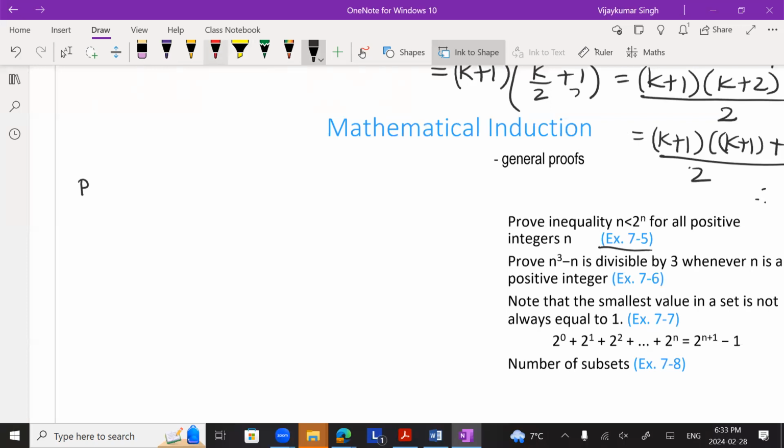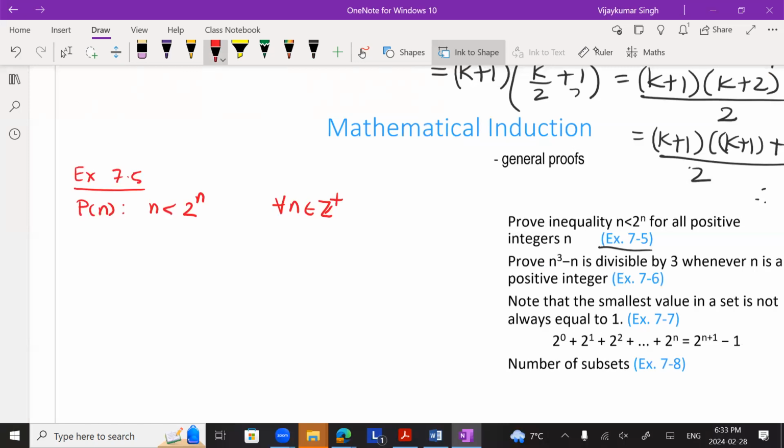So let's set the statement: Pn is the statement that n is less than 2 to the power n. And what is my universe? We can say for all n belonging to Z plus. This is what we want to prove.